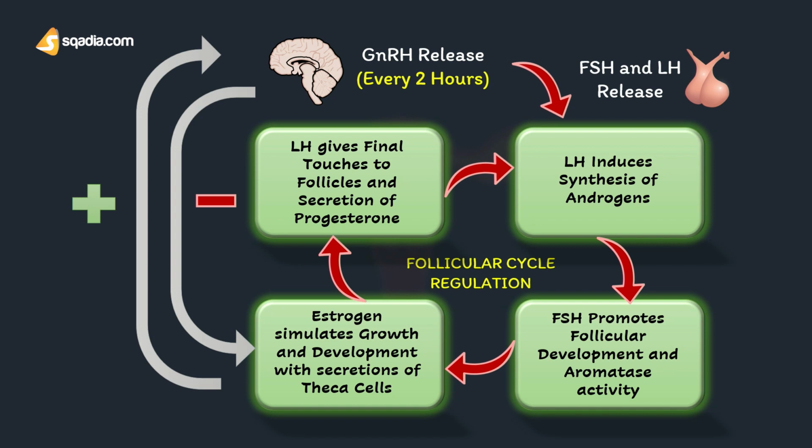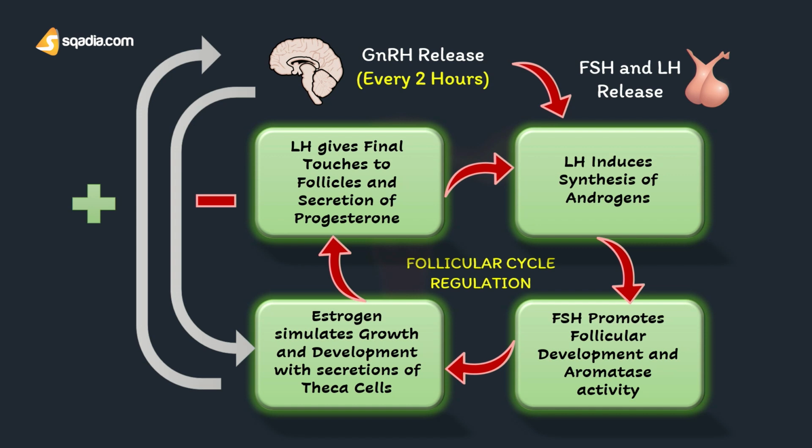For example, the increase in the number of FSH and LH receptors on the granulosa cells, and the sensitivity of these cells is going to increase. The LH is going to give the final touches to the Graafian follicle, and it's going to stimulate the estrogen secretion, and at the same time, the stimulation of theca cells to secrete progesterone is also occurring.